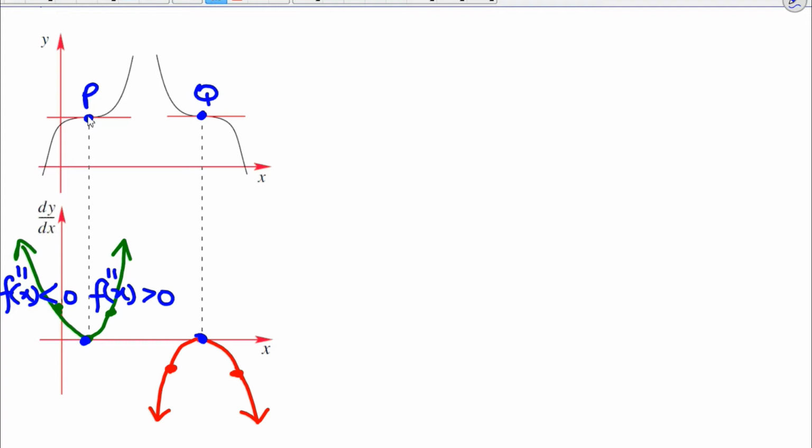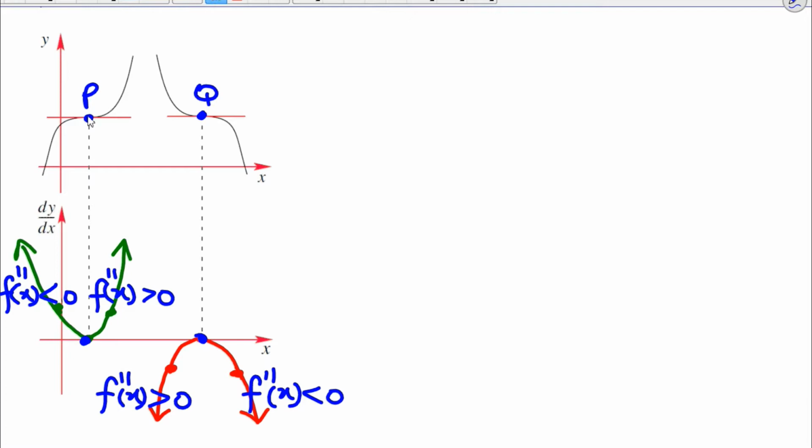Now, how about on the next graph? We can notice here that at this point, the slope of the slope is increasing, so that's greater than 0. And here, the slope of the slope is reducing, so less than 0. So there's a change in concavity in both cases.